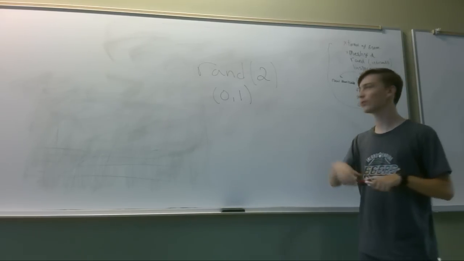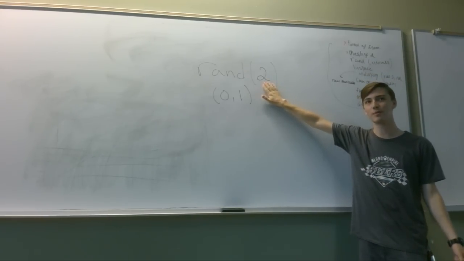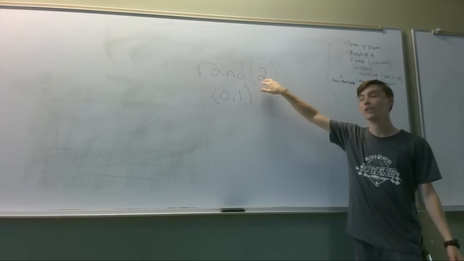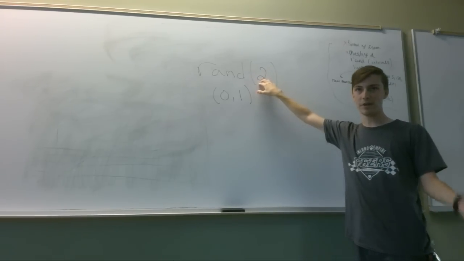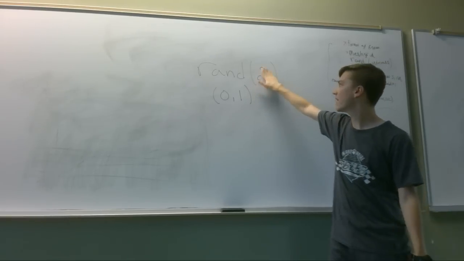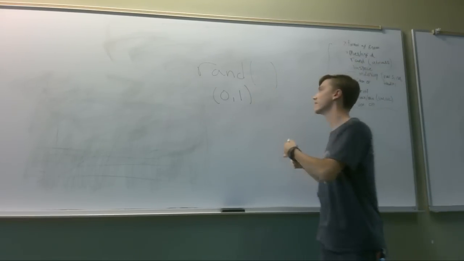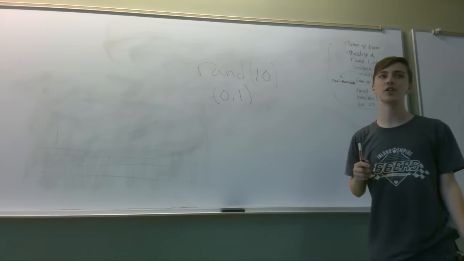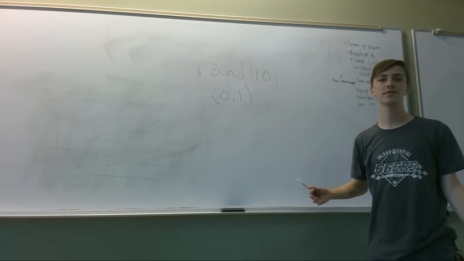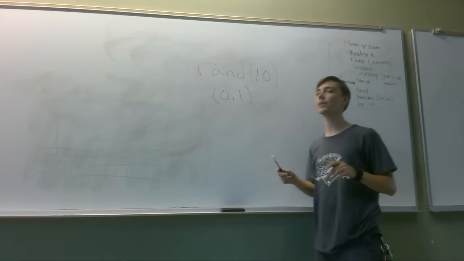Correct. This number generates a square matrix of this size. So if I have 2 here, I'm going to get a 2 by 2 matrix, which has 4 values. If I have a 10 here, I'm going to get a 10 by 10 matrix, 100 values. And they're all from 0 to 1.